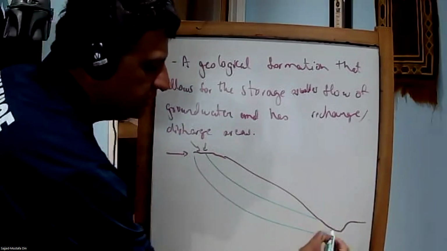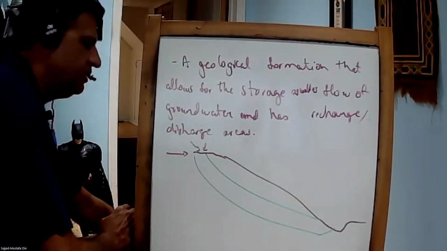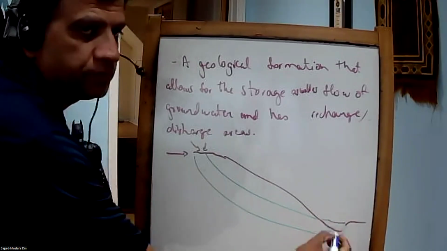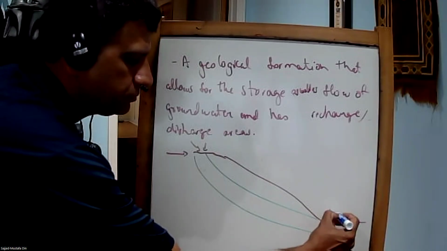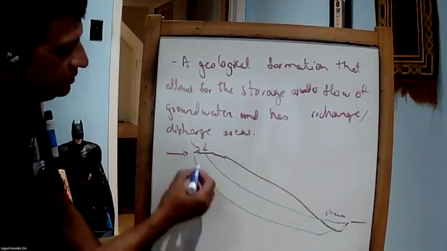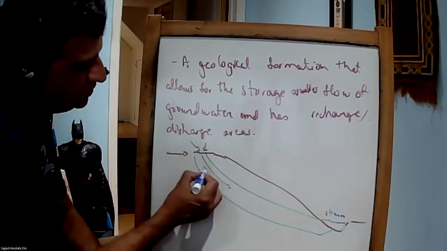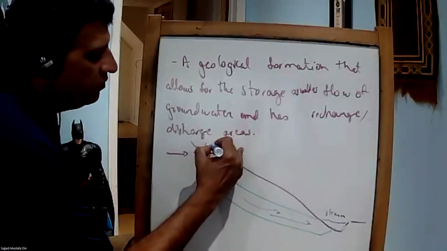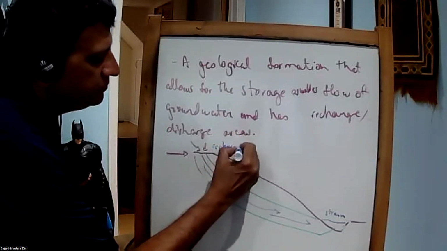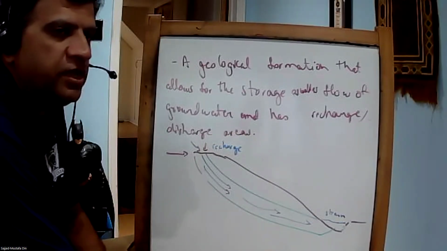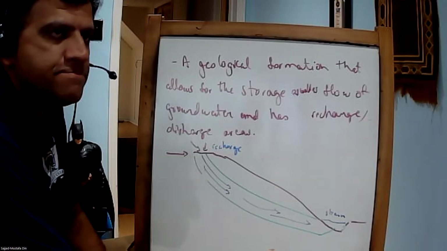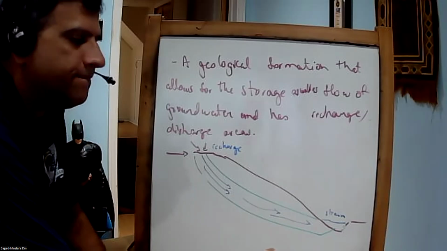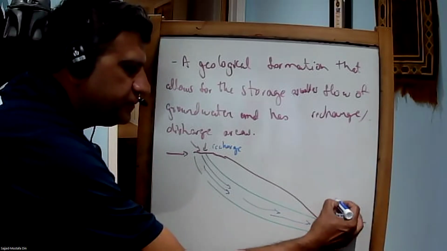And the aquifer basically discharges into a stream. Water enters here, it flows through the geological formation. This is the recharge area. It might be in a mountain or in a zone of higher elevation. And this is the discharge area.